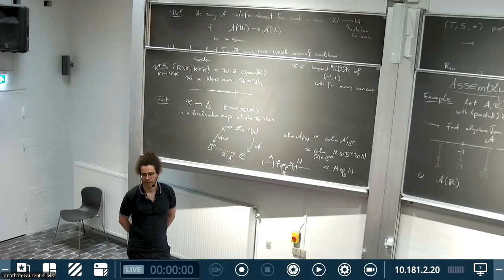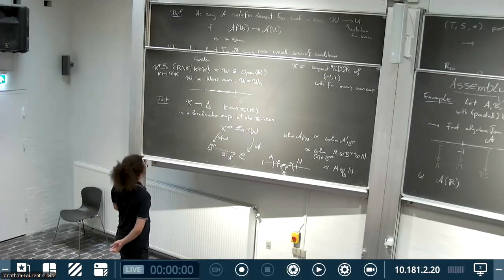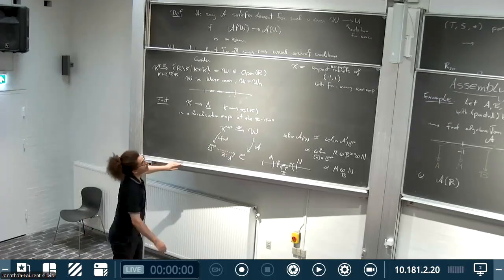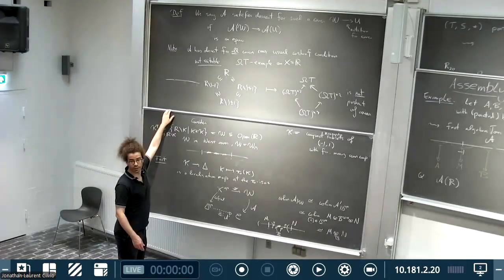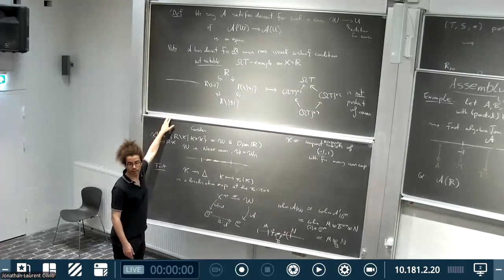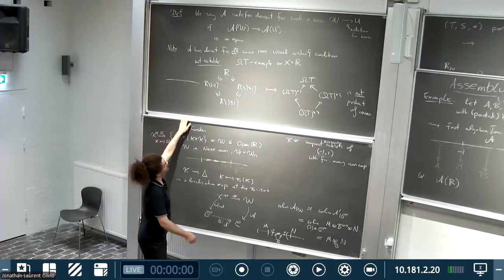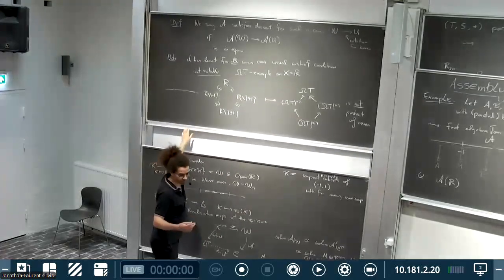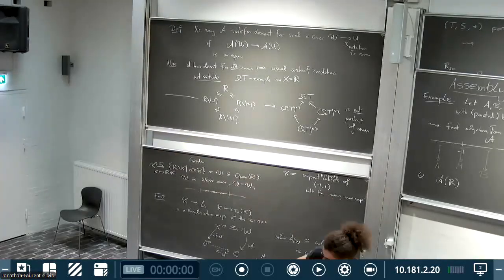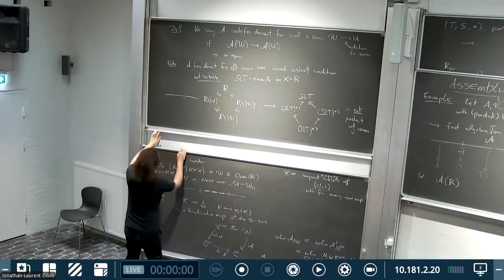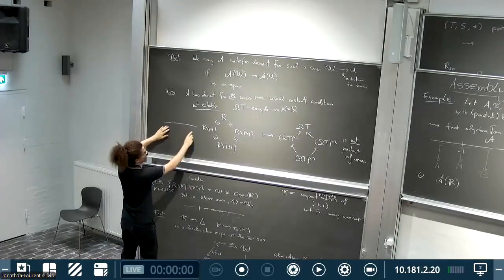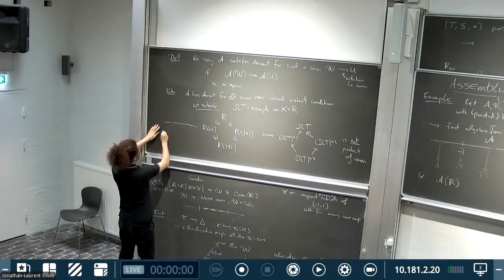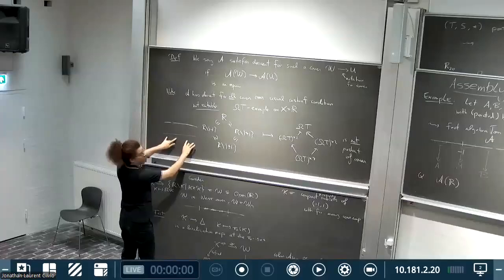So the question is, why is it not a cover? Well, the way it looks is I have covered my R by this guy where I have a hole here, and this guy where I have a hole here.